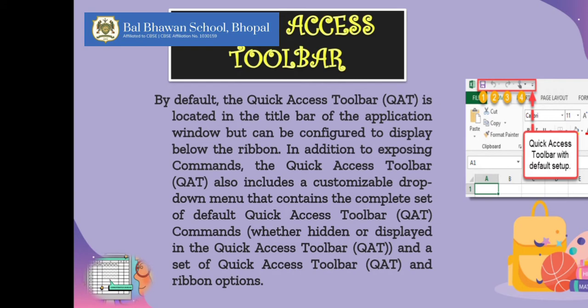In addition to exposing commands, the quick access toolbar also includes a customizable drop-down menu that contains the complete set of default quick access toolbar commands, whether hidden or displayed in the quick access toolbar, and a set of quick access toolbar and ribbon options. You can see save option, undo, redo, and it's your choice whatever commands you want to pin to the quick access toolbar.